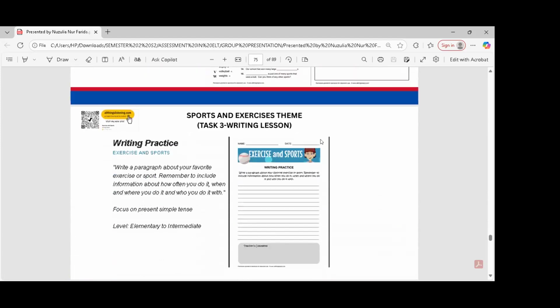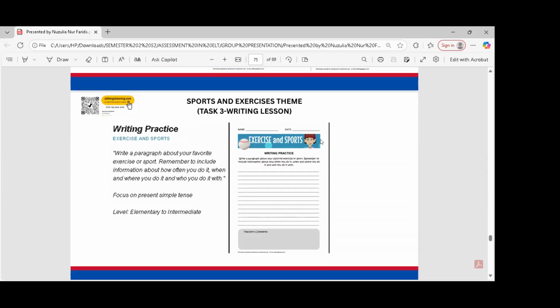So yeah, the next is to assess the students' vocabulary knowledge. It usually can be in the form of writing practice. So students have to write a paragraph about a favorite exercise or sport.